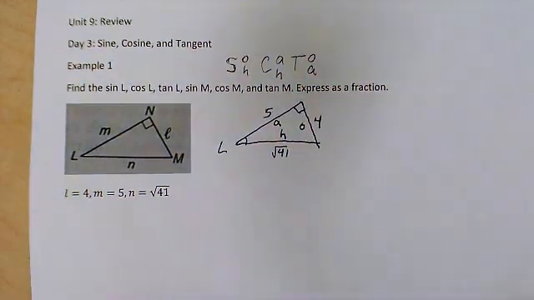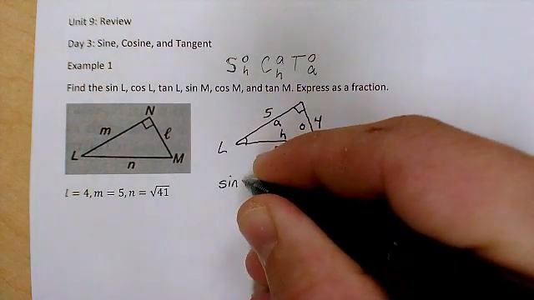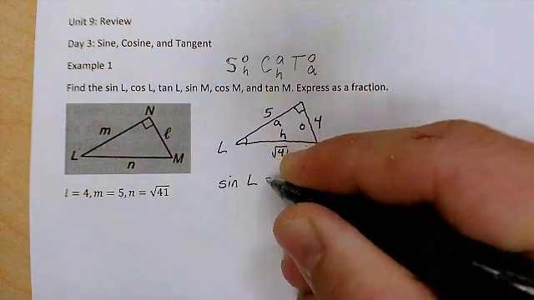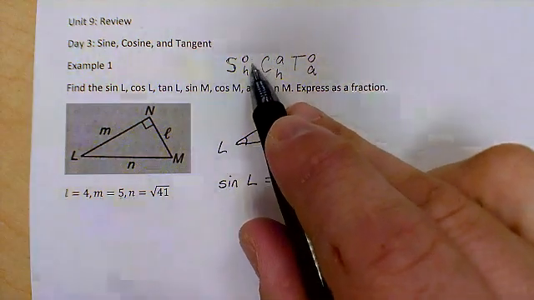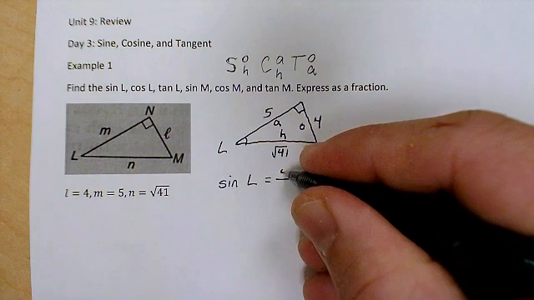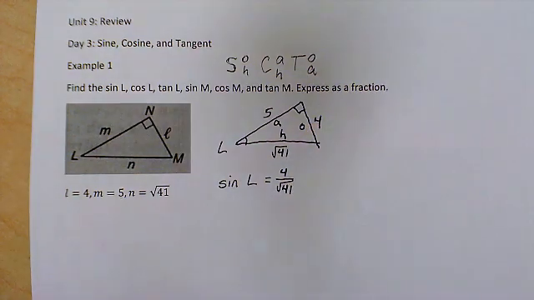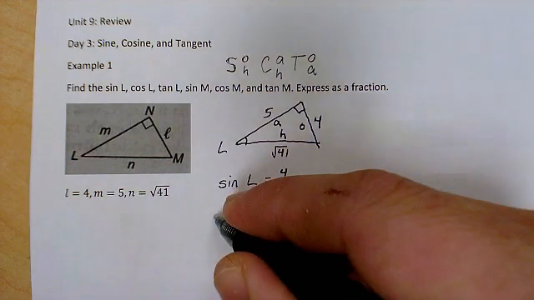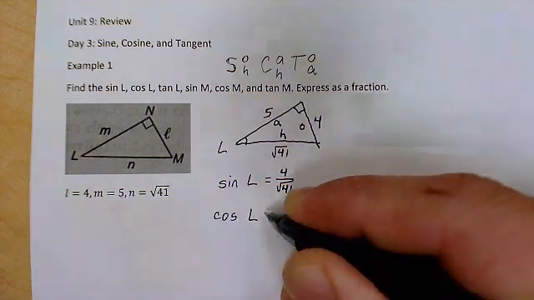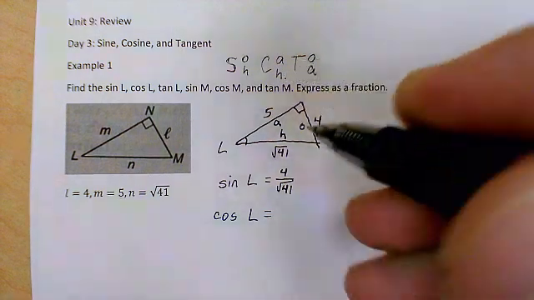Now I'm going to make all three ratios for L. So the sine of angle L is equal to opposite over hypotenuse. So now I can reference that opposite is 4. The hypotenuse is root 41. And that's a good answer. The cosine of L is going to be adjacent leg over hypotenuse.